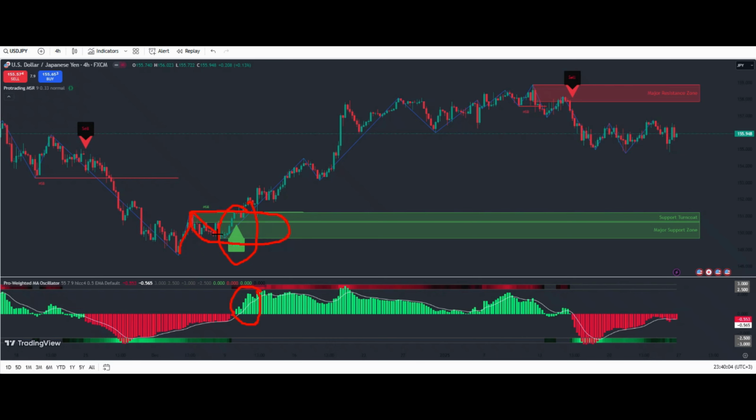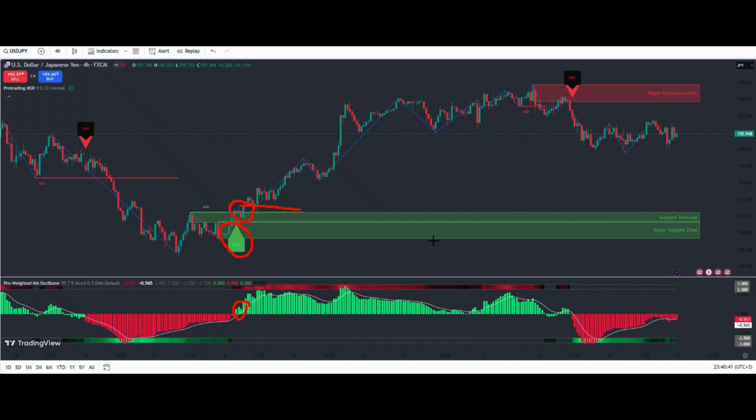It makes a move up, comes down, bounces up again, and in this particular area, you see that we have broken above this very particular resistance. Having a confirmation that we are bullish, and the oscillator is telling us that we are bullish, with this in alignment, all we need is at the close of this very particular candle, this is where we open our buy trade.